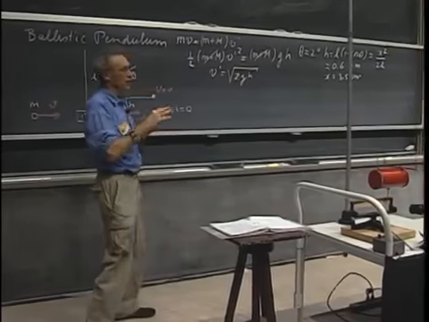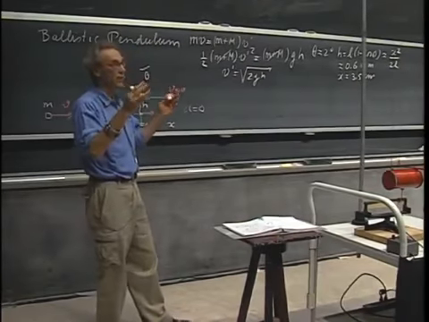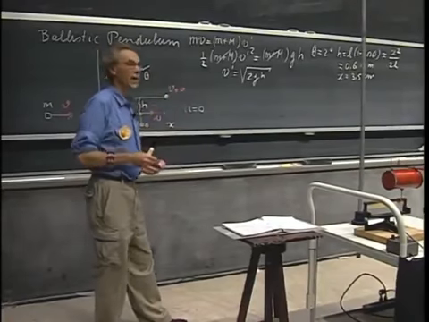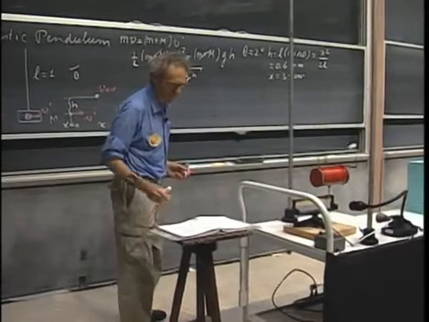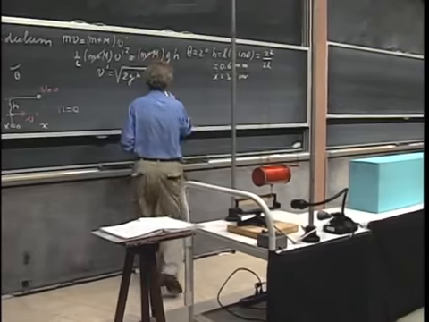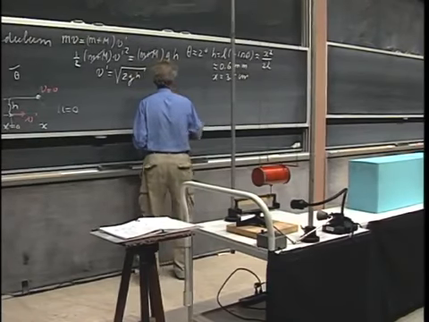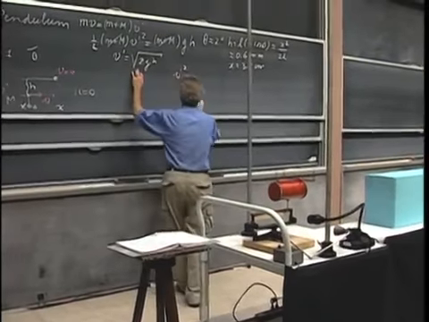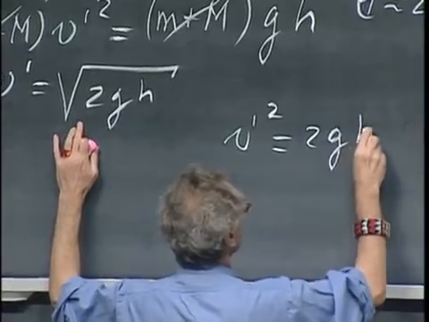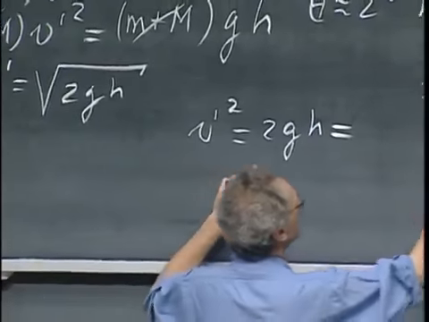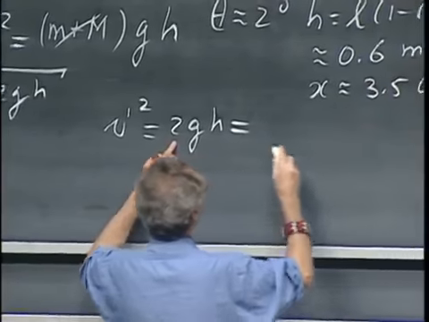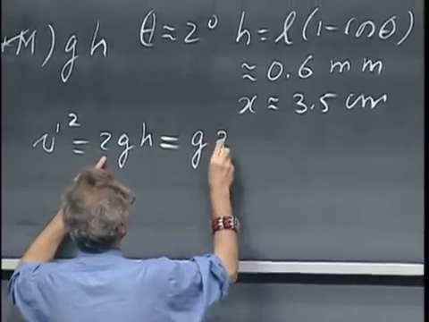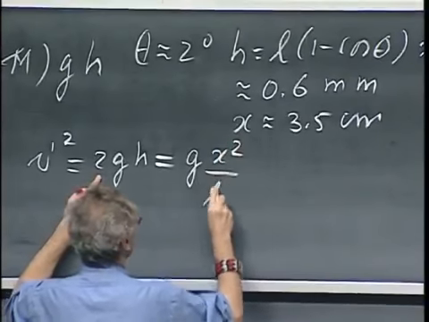You take the expansion of the cosine, the Taylor series, and you cut it off somewhere, and this is not so difficult to prove. In other words, v prime squared, which is 2gh, can now be replaced by approximately 2g times x squared divided by 2L, which is g times x squared divided by L.